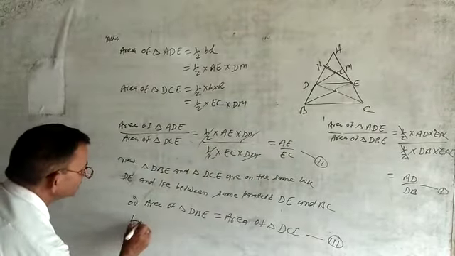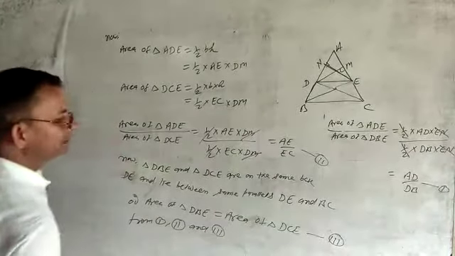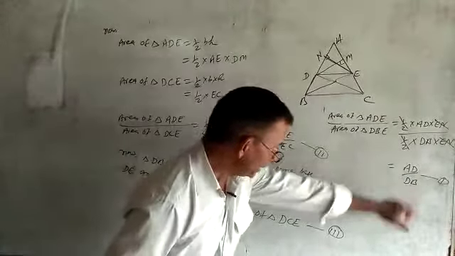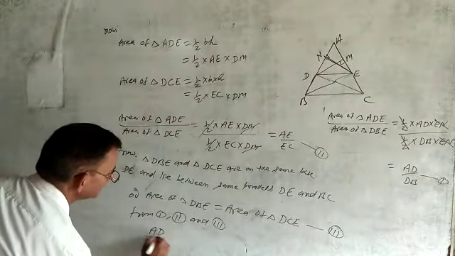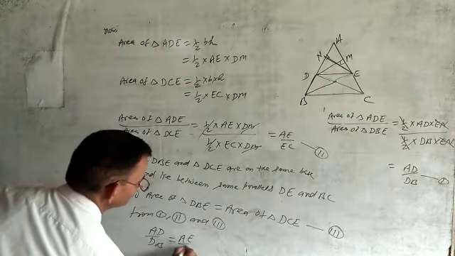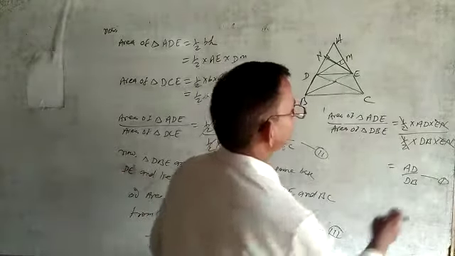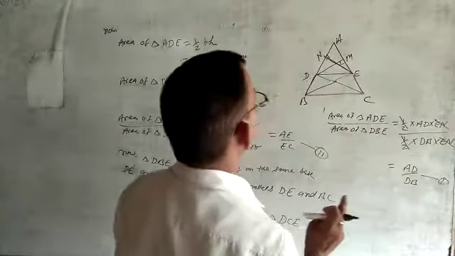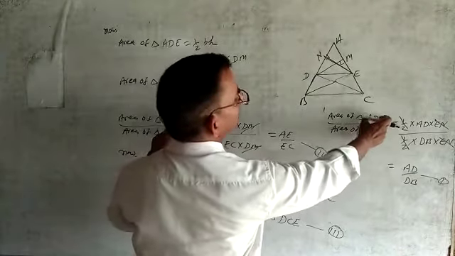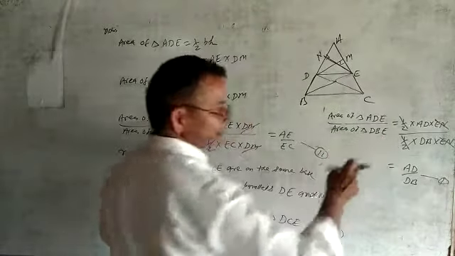From 1, 2 and 3, AD by DB is equal to AE by EC. Comparing 1 and 2, we see that the area of ADE on the left side is the same, but the areas of DCE and DBE are different.